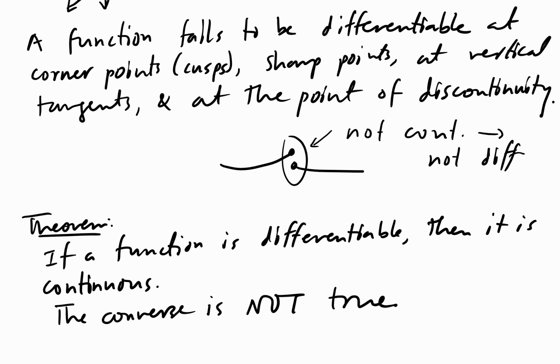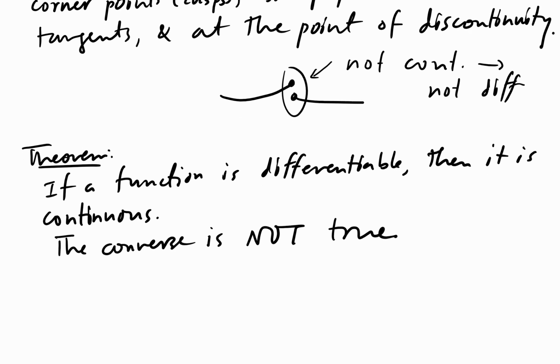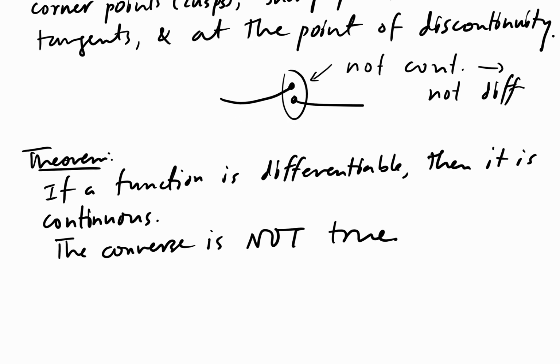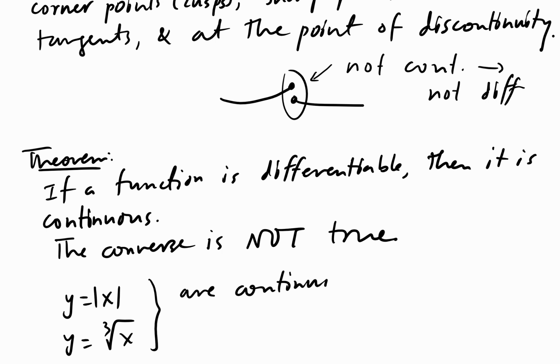It means if the function is continuous, it doesn't mean it's differentiable. So let's say y equals absolute value of x as a counterexample, and also y equals the cubic root of x. Those functions are continuous, but not differentiable.